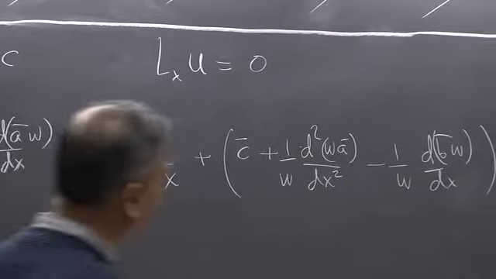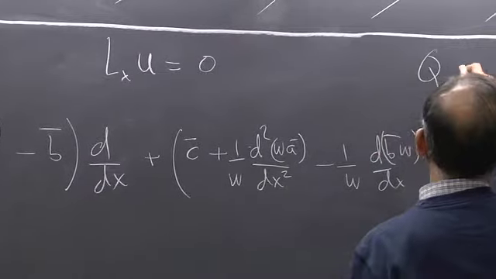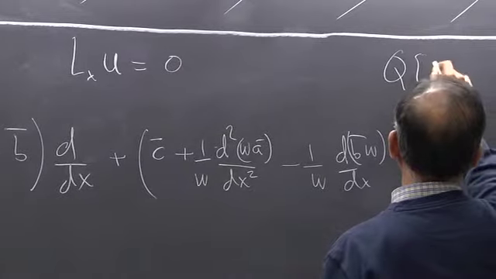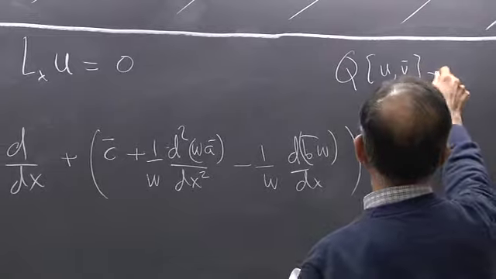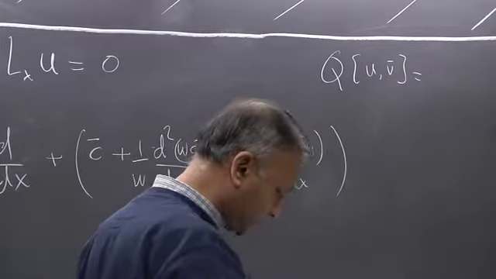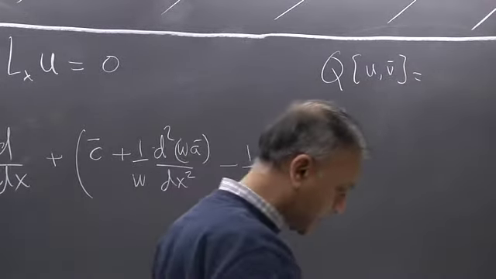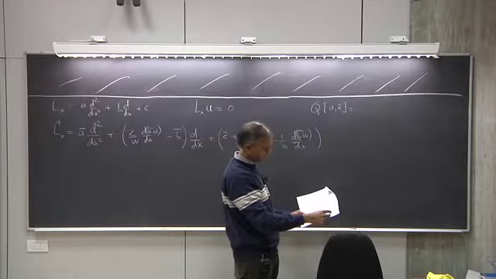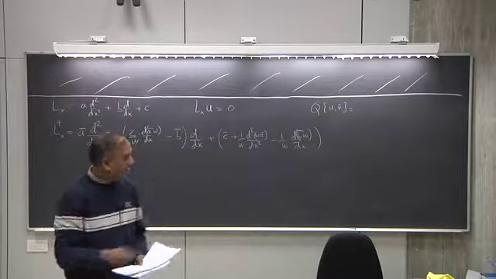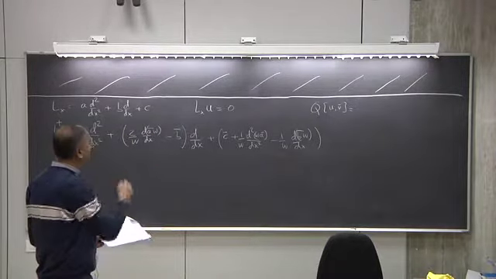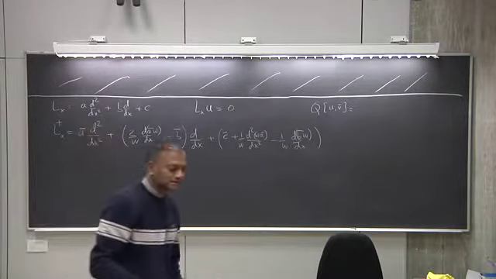And the boundary term, again, q, u v bar was, unfortunately, do you have any of you have that? Sorry, otherwise you'll have to work it out again. Do you have it? Let's see.